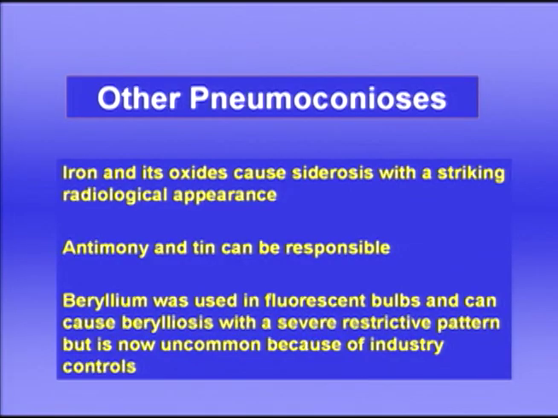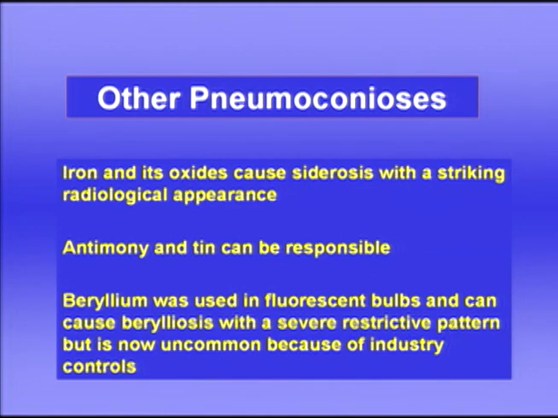Now let's just say a word or two about other pneumoconioses. Iron and its oxides cause a thing called siderosis that I'm not going to talk about in detail, except to say that it's got a very striking radiological appearance.